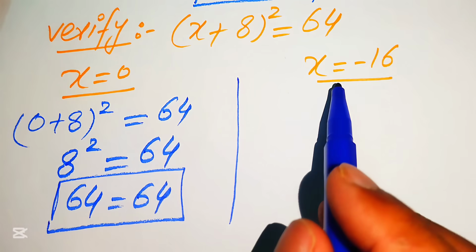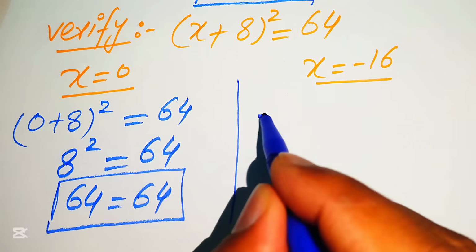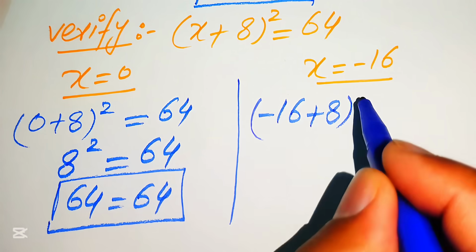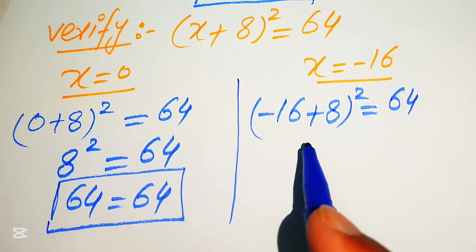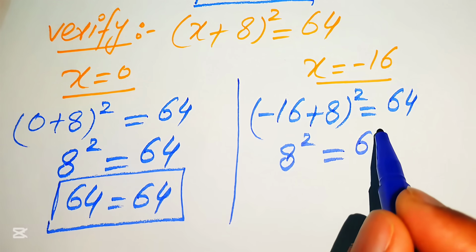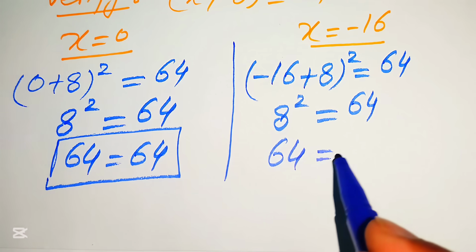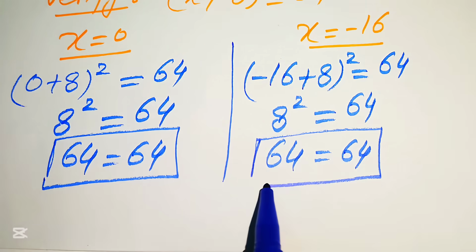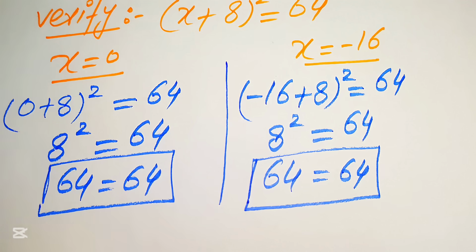Now we put the value x equals minus 16 here. So it will be written as minus 16 plus 8 whole square equals 64. Minus 16 plus 8 becomes minus 8, and minus 8 square is 64 equals 64. This shows that the second value of x also satisfies the given question statement.